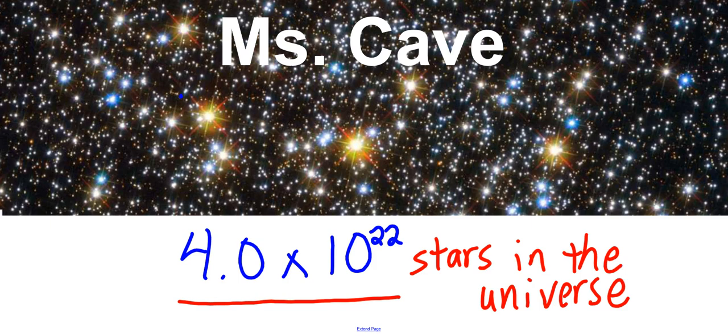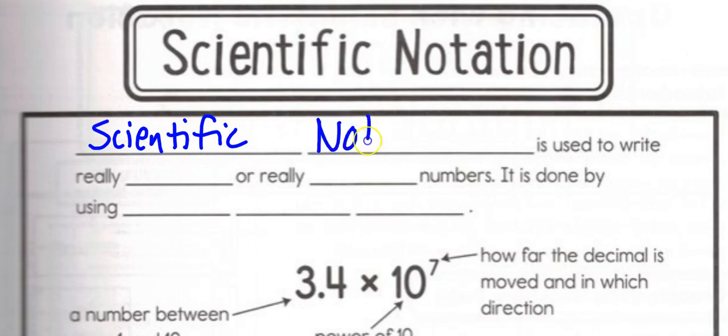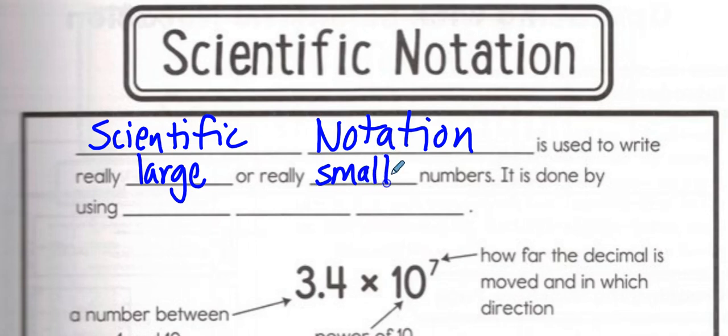Okay, let's look at our video notes. You should have this in front of you, and we're going to go through it together. Scientific notation is used to write really large numbers, like the number of stars in the universe, or really small numbers, like the size of atoms.